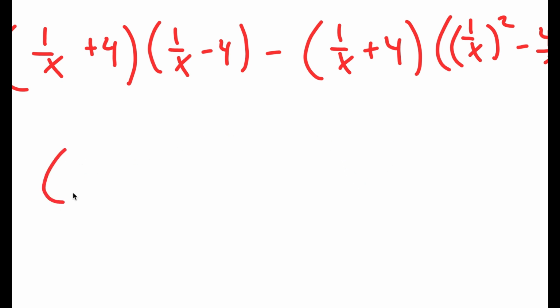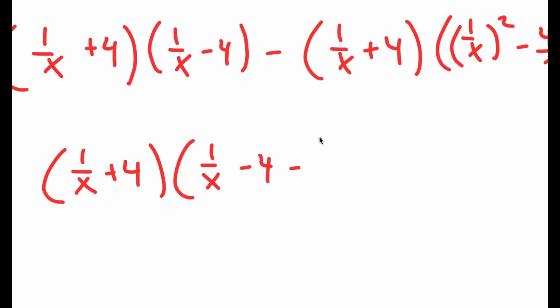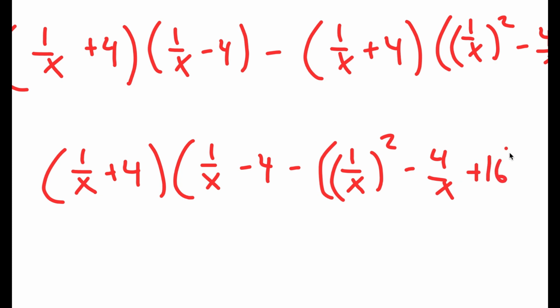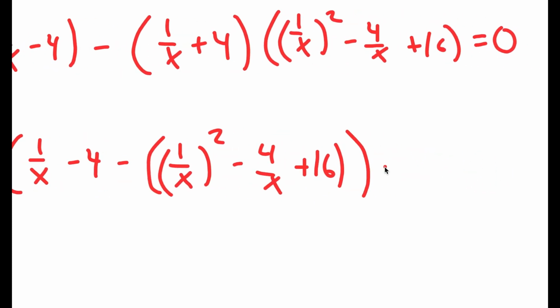Now if I factor out 1 over x plus 4, I get 1 over x plus 4 times 1 over x minus 4 minus 1 over x squared minus 4 over x plus 16. And this is equal to 0.